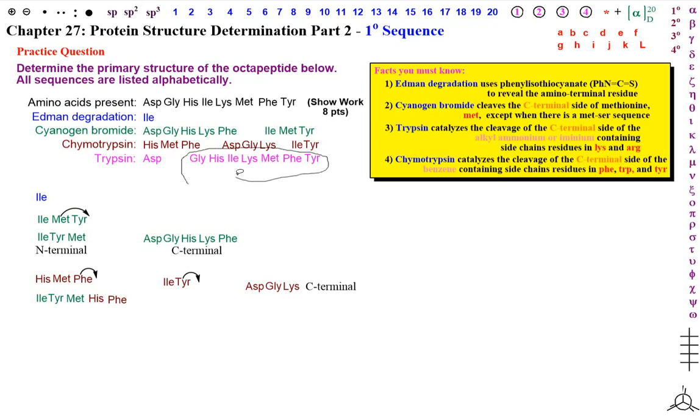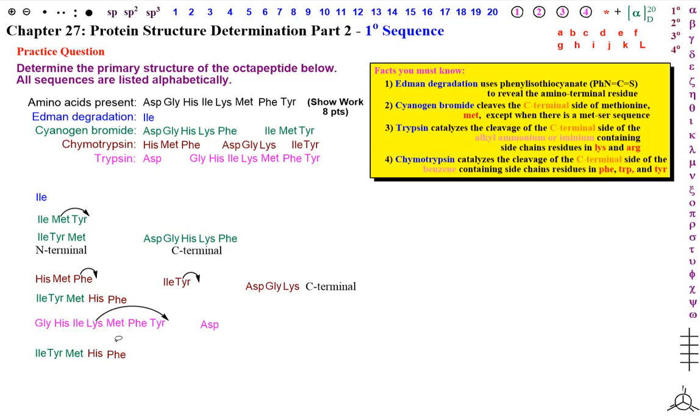Trypsin says lyse is at the end of this sequence, and asp has to be after that. I think we're well on our way to figuring out what the 8 amino acid sequence is.